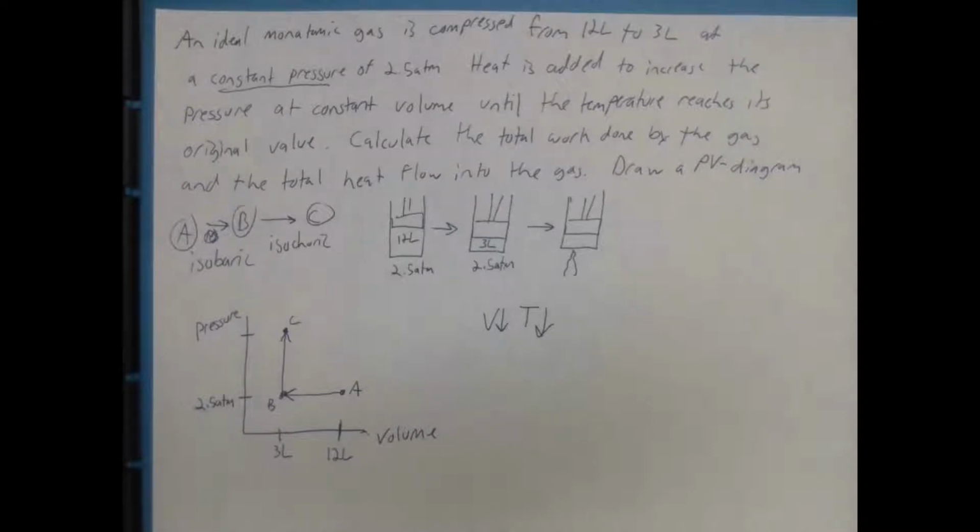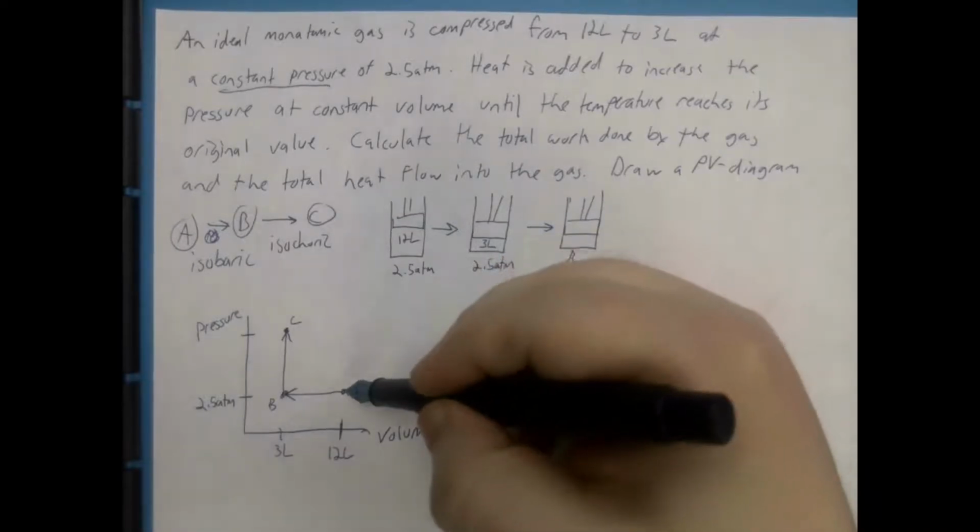So when dealing with a process, we don't have to look at the complete picture or the individual parts of a process. All we really need to know is we can solve this two different ways.